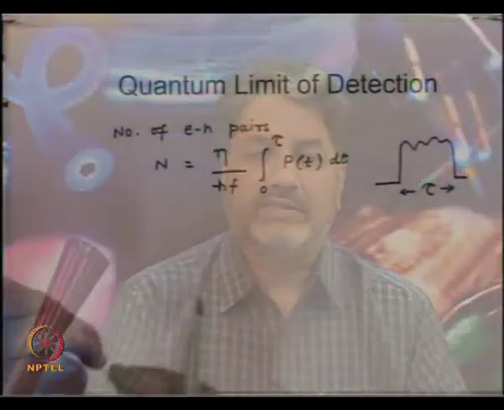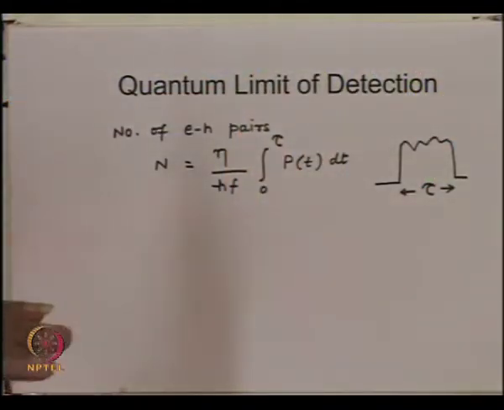So, now one can ask a question: if on average n photons were received by the detector, or were supposed to be received by the detector, what is the probability that not even a single photon is detected by the receiver? Because if that happens, as we said, there will be a bit error in detection of the bit 1.